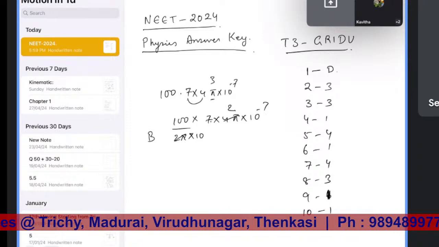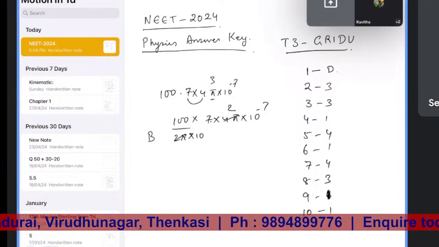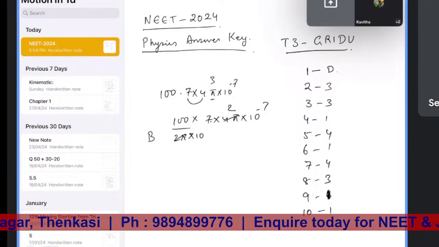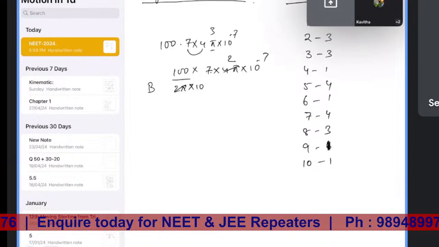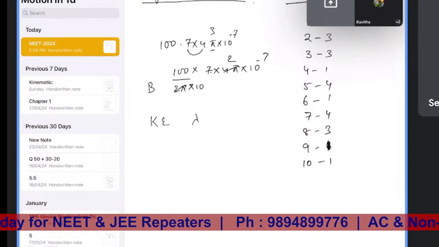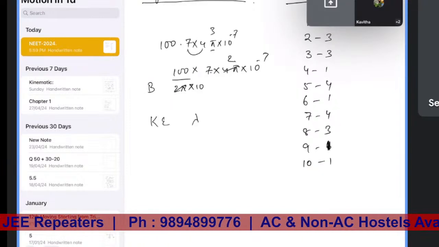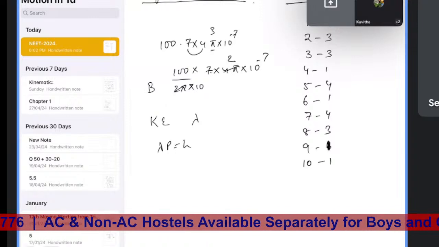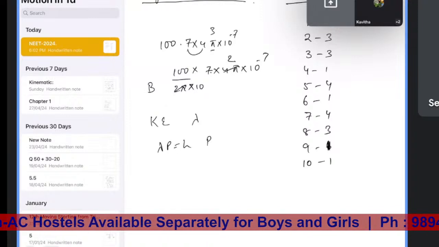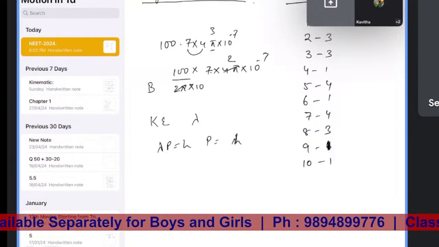Now question number 11, they ask for the graph which shows the variation of 1 by lambda square with kinetic energy. So I have to quickly find the relationship between kinetic energy and lambda. According to de Broglie's concept, lambda p is equal to h, so p is equal to h by lambda.